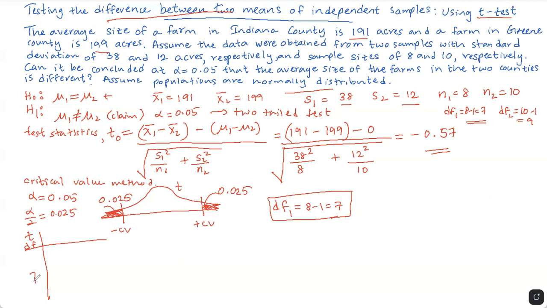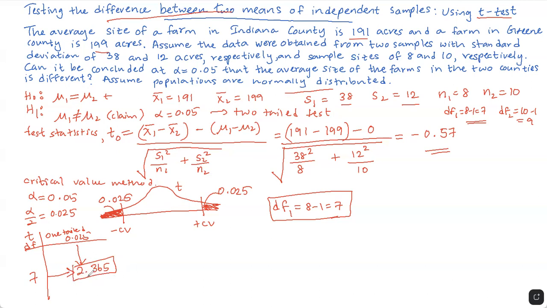So you are looking at 7 in the t table, and one tail 0.025. Then you will see a number in the table, which is 2.365.